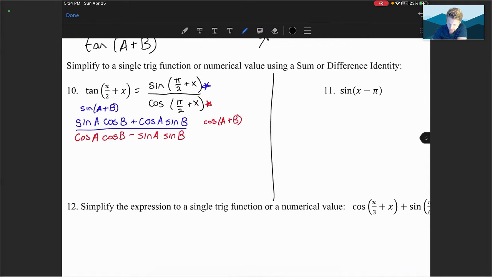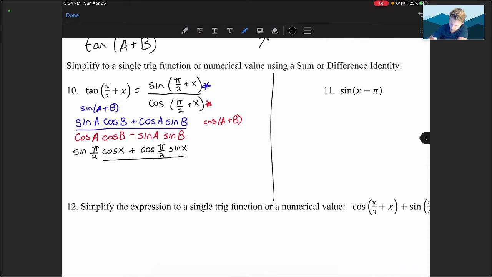So the A angle is pi over 2. So we're going to write this as sine of pi over 2, and then cosine of x plus cosine of pi over 2, and then sine of x.